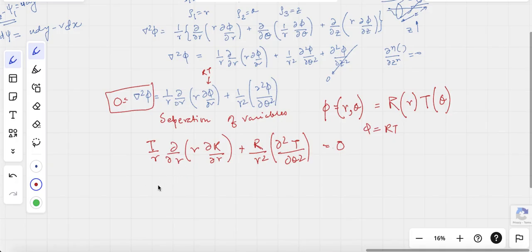So we have r divided by capital R. This r goes up, comes down.